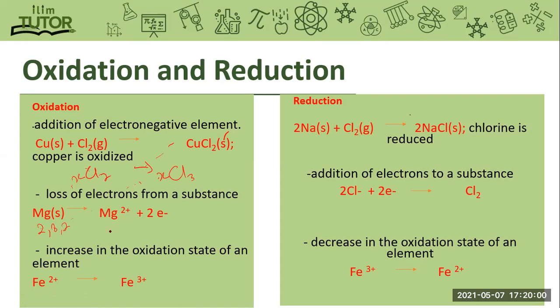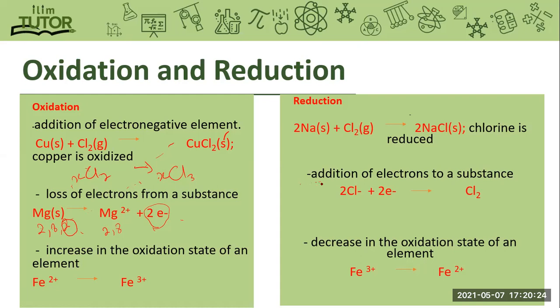And of course, this one is just 2,8. So it has lost these 2 electrons. So if it loses electron, then definitely it becomes oxidized. So the 2 electrons that are lost are here. All right. So it has lost 2 electrons. That is oxidation.